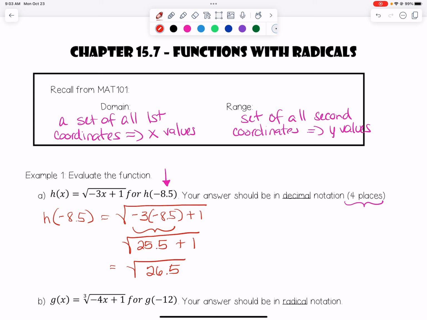Square root of 26.5, and I get 5.14781. And so to round it to 4 decimal places, I would finish it off with the 8.